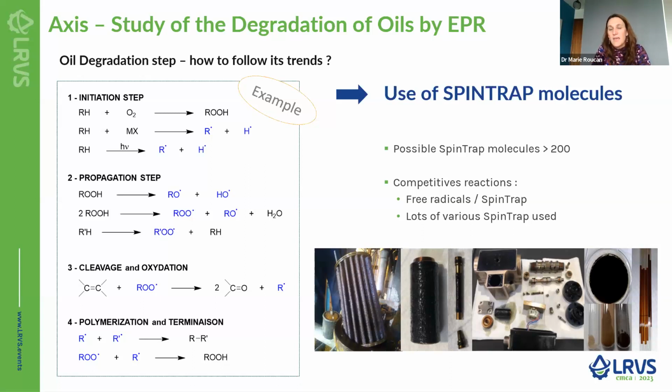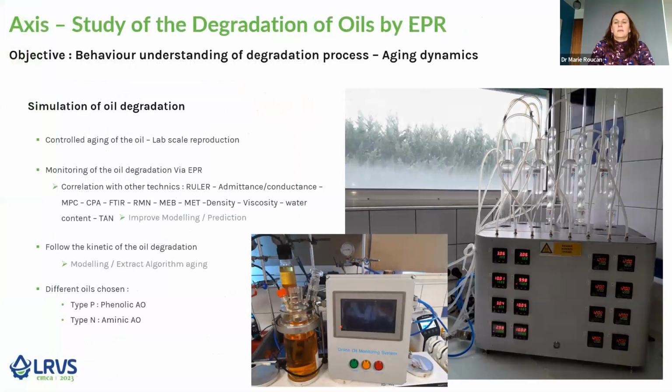The problem is every spin trap is specific to different species, and there is a competitive reaction between the free radical and the spin traps. So you have to use many different spin traps to be able to see the various free radical species in your oil. So you have to play with a lot of spin traps. That's something we are actually focusing on at the moment.